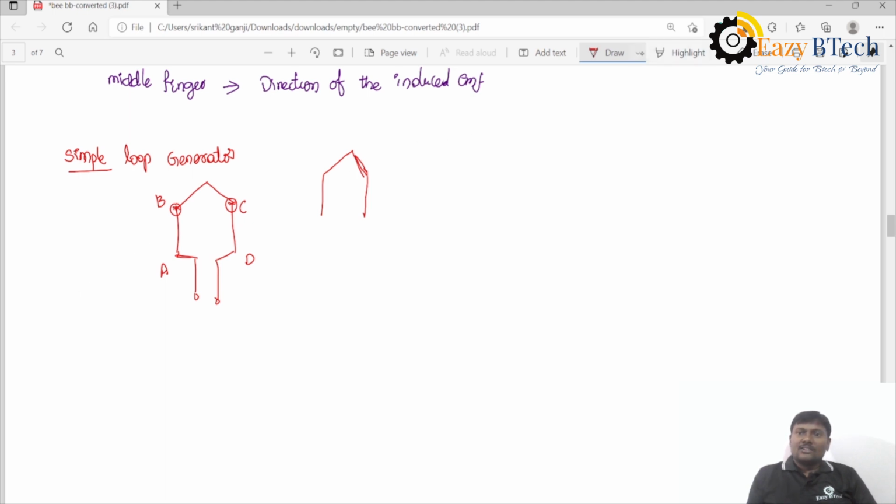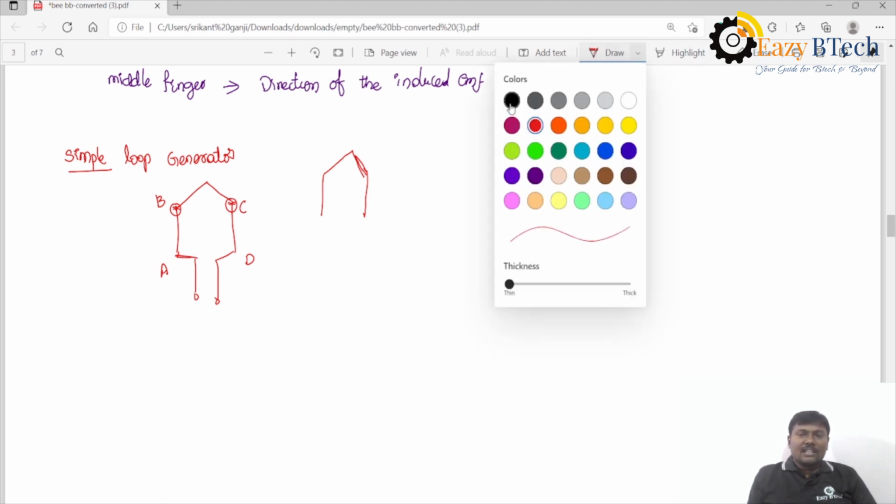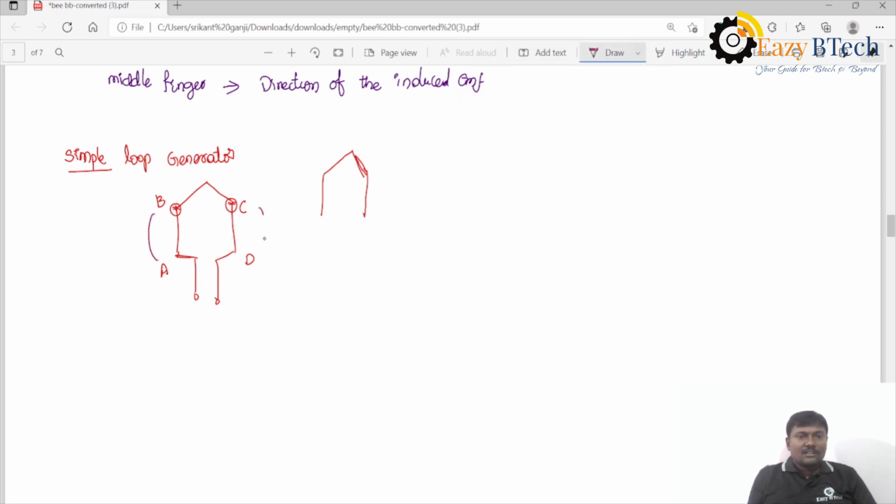This will be rotated with the help of a prime mover. A prime mover means an external device which is used to rotate the conductors. The north pole and south pole will be like this. Anyway, we have a winding like this.